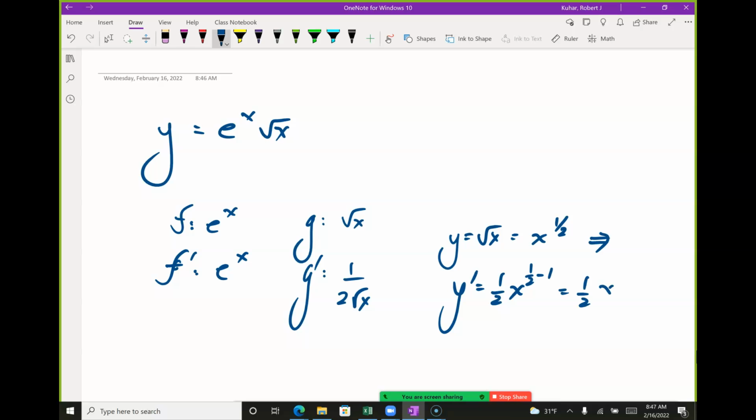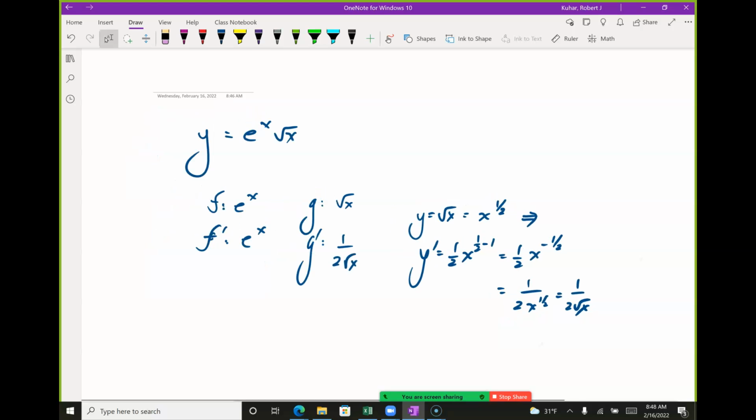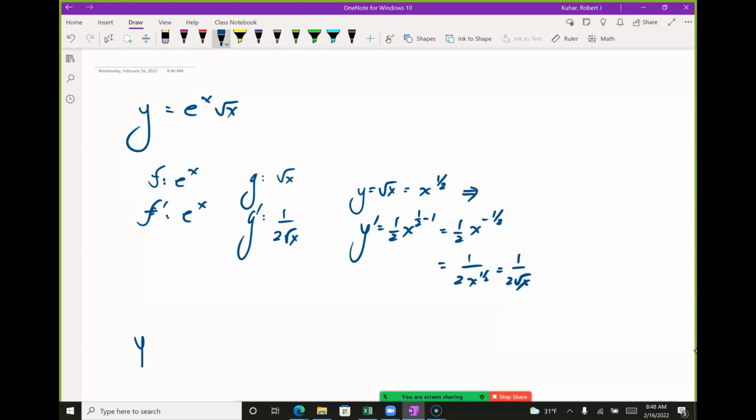That's 1/2 x to the minus 1/2. That's 1 over 2 times x to the 1/2. That's 1 over 2 square roots of x. On your homework you did it with the limit, right? Nice.